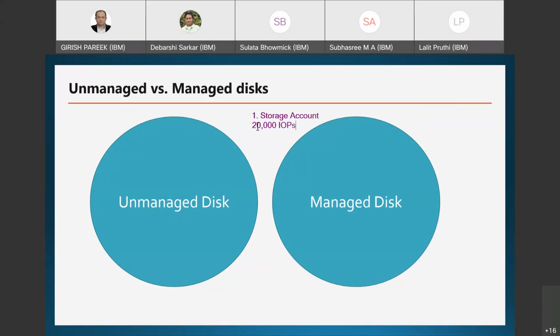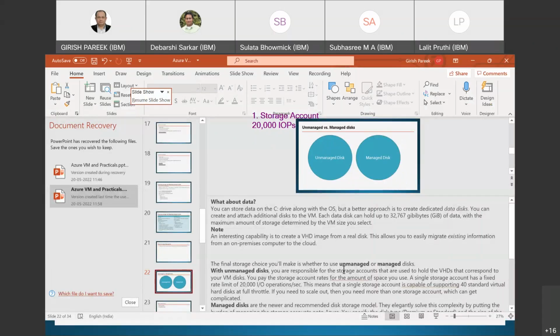Which means that you can have multiple hard disks here. Sorry, when I say hard disk, I mean your VHD. So you can have 40 standard virtual disks here, and that too at full capacity.